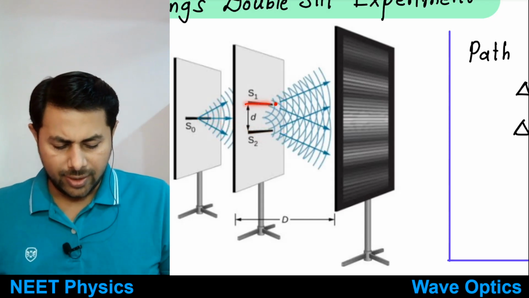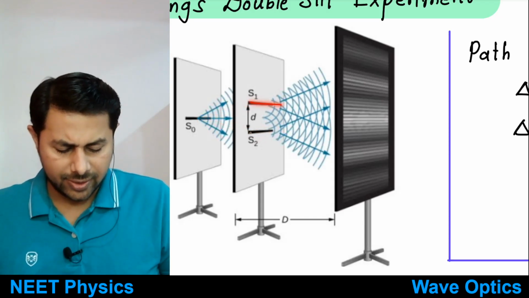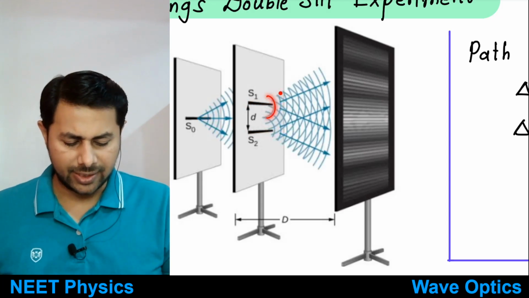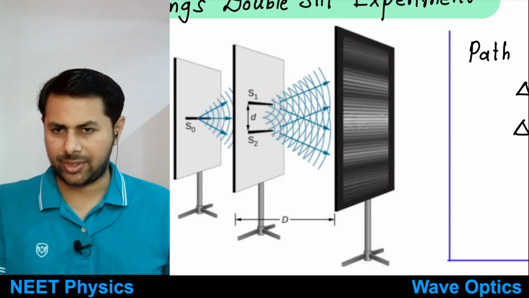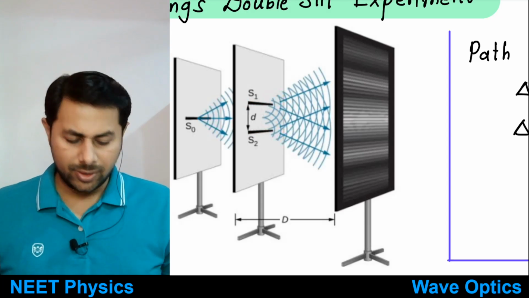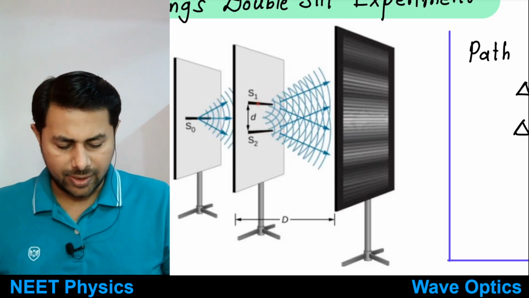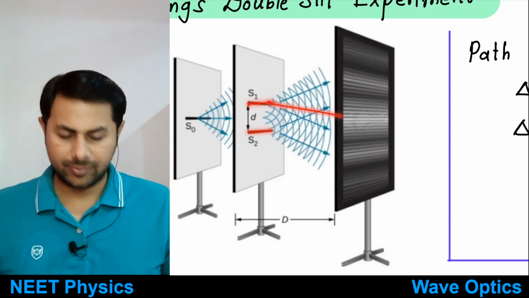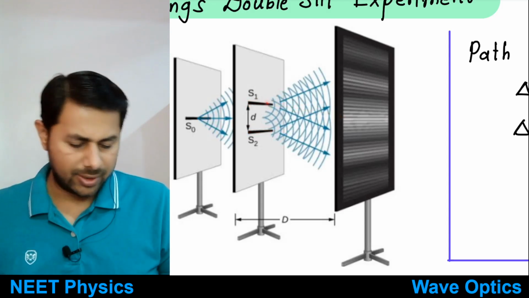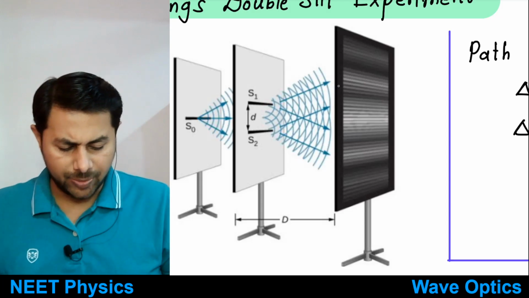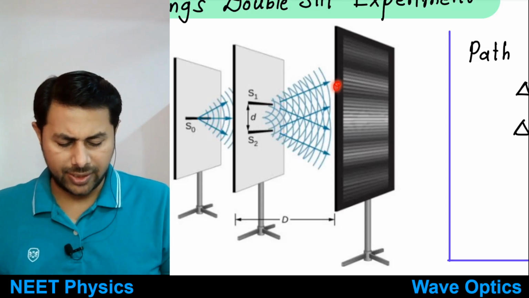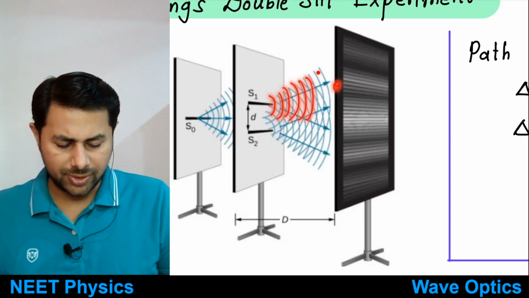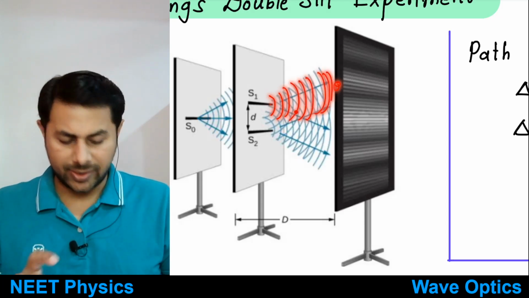Again, these two will behave like secondary sources of light and they will send secondary waves in the forward direction. The secondary waves due to the first source and second source will travel in the forward direction, and suppose they arrive at some point on the screen. There would be waves due to this first source. These are wavelets, right?